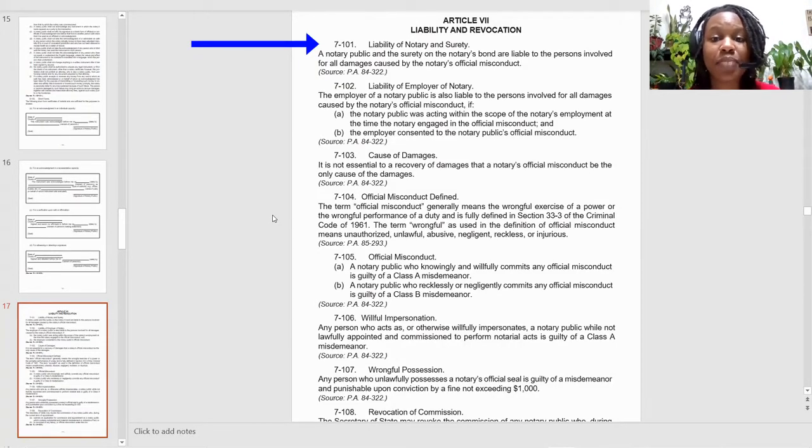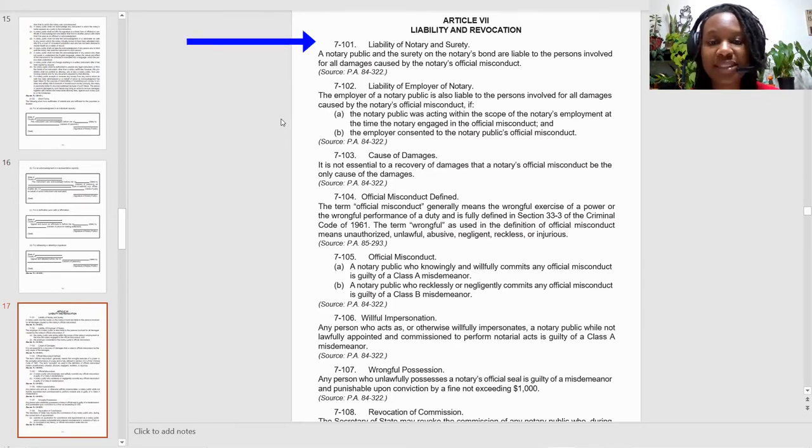Article 7, Liability and Revocation. Section 7-101, Liability of Notary and Surety. A notary public and the surety of the notary's bond are liable to the persons involved for the damages caused by the notary's official misconduct.